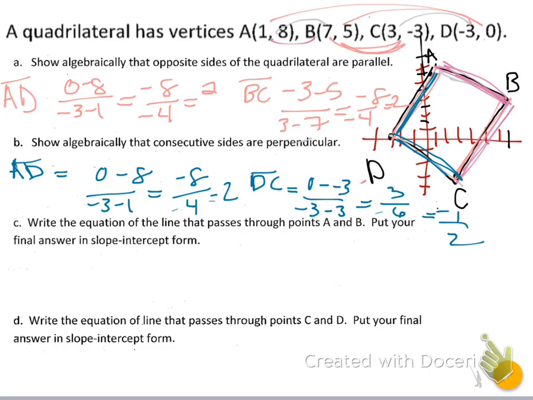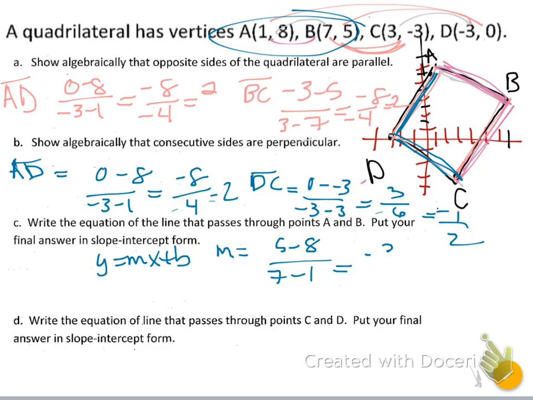Cool. So write the equation of a line that passes through points A and B. Put your answer in slope-intercept form. Slope-intercept form is y equals mx plus b. Okay, so let's find the slope of AB first, because right now I don't have a slope. So 5 minus 8 over 7 minus 1, negative 3 over 6, negative 1/2. Okay, I'm going to put it into point-slope because I think point-slope's easier, but you could do it in slope-intercept.